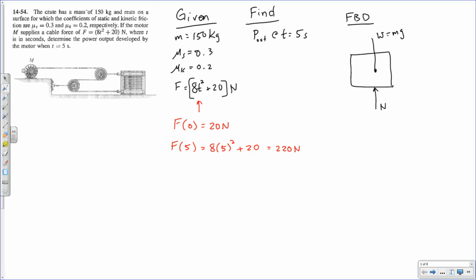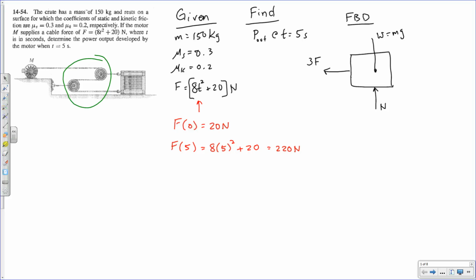The cable force is pointing to the left, and this force, for a third time, is a function of time, 8t squared plus 20. We also recognize, by looking at this setup, that the crate is actually attached to the cable in 3 different locations. So there is 3 times that cable force pointing towards the left, right?